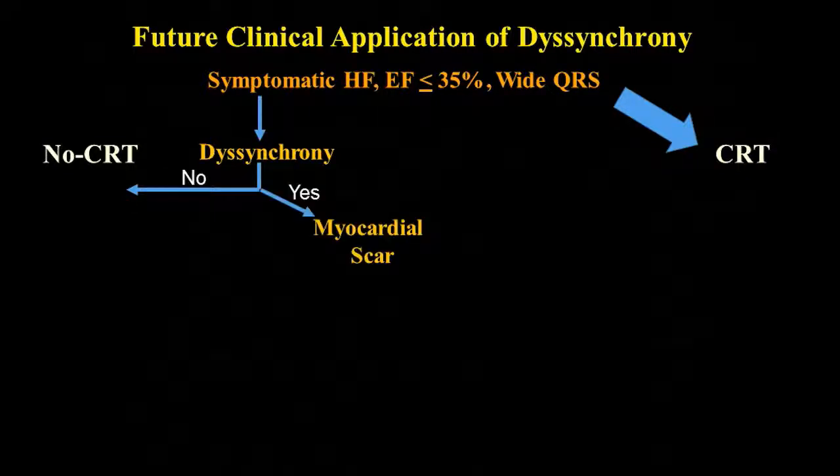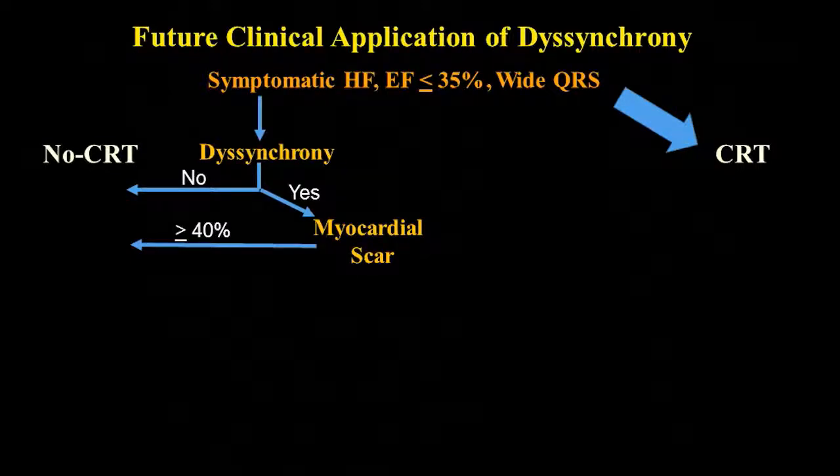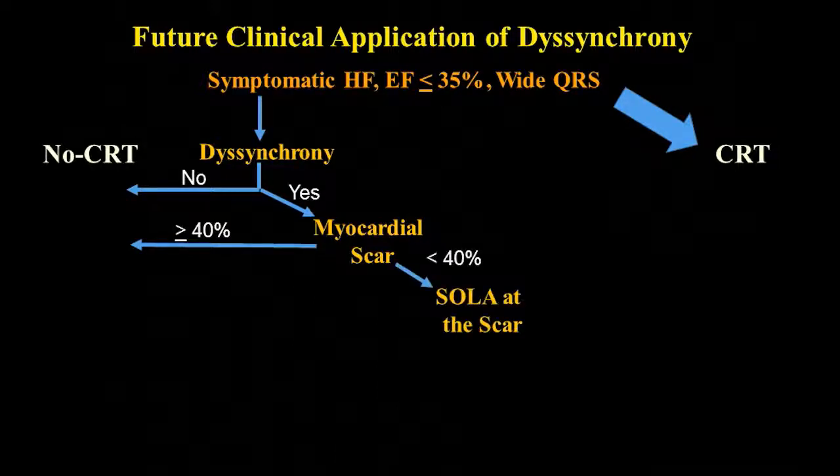Okay? If you have dyssynchrony, but you have a lot of myocardial scar, implantation of a biventricular pacemaker will not improve the contractility to a great extent, and you may not benefit from CRT. So those patients should not qualify for a CRT. If you have myocardial scar, but that's less than 40%, but the site of latest activation is at the myocardial scar, either don't implant the CRT or find another site.